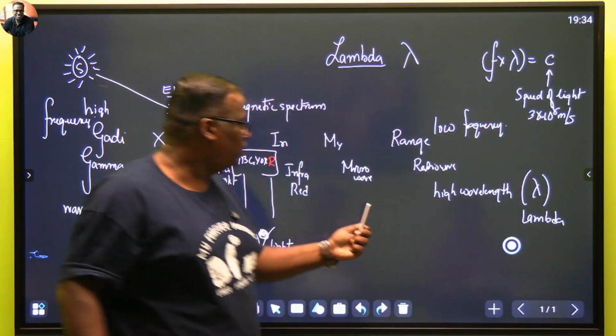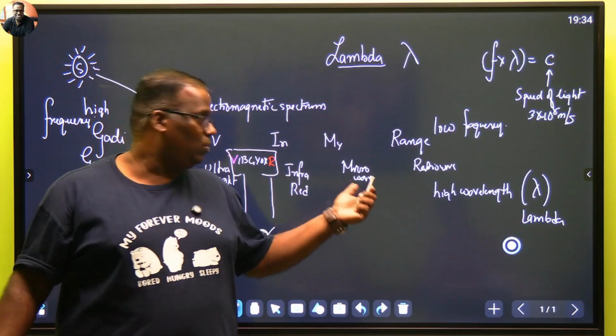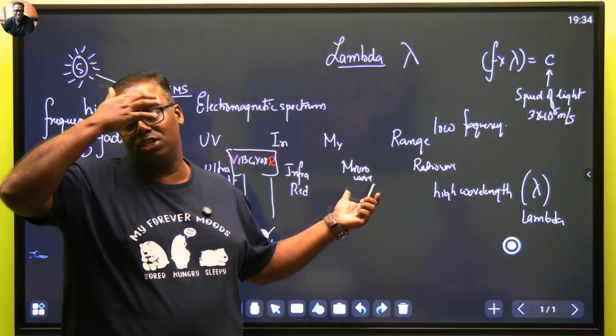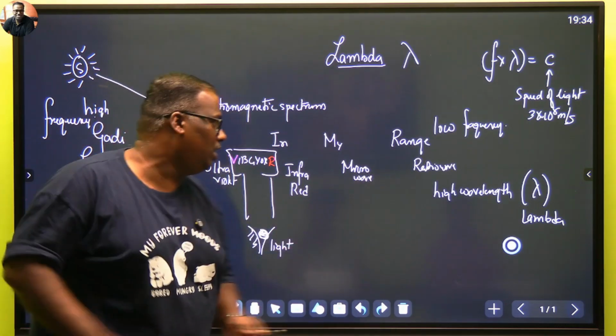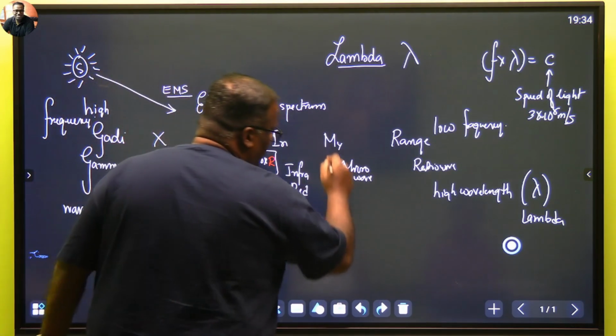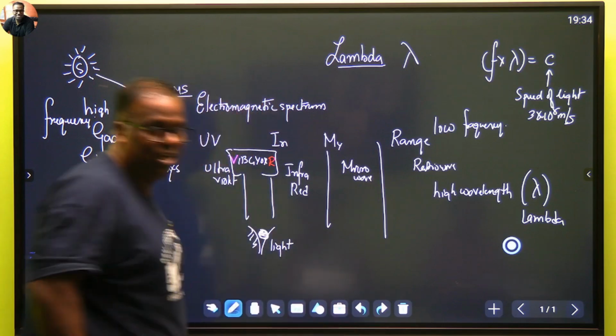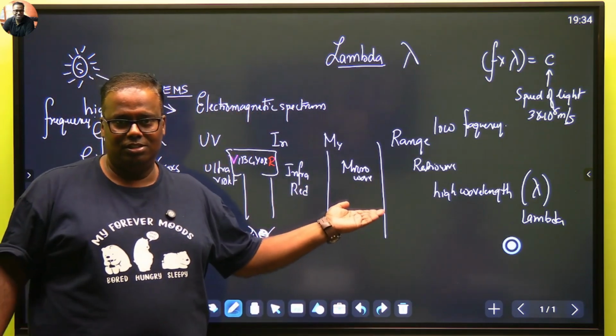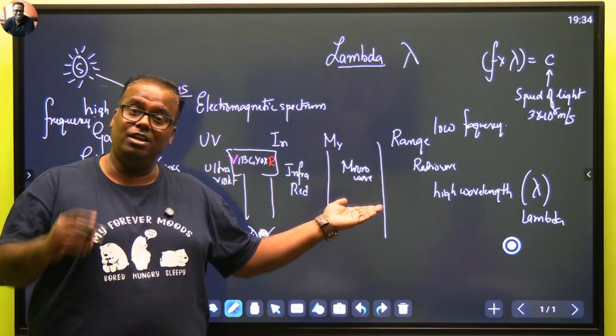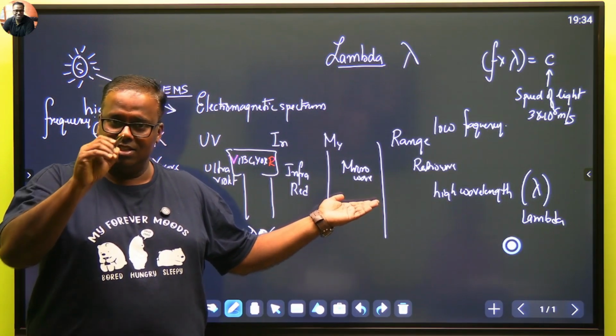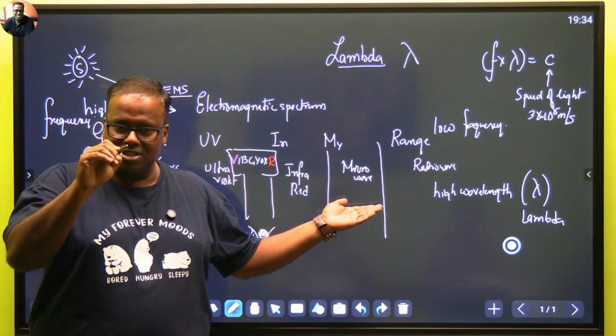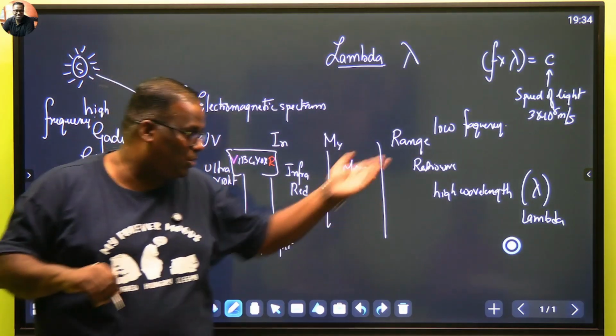Infrared. Okay. After that comes micro. Micro is responsible for all sorts of communication. All the cellular communication that we are having. Everything that you watch, Tata Sky, Dish TV, Airtel, everything is happening out here. Again, if you multiply Star Plus's frequency with its wavelength, you will get this value.